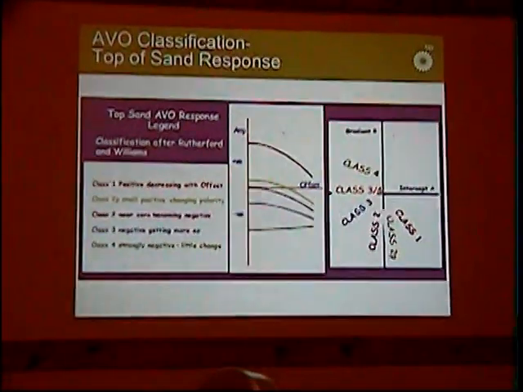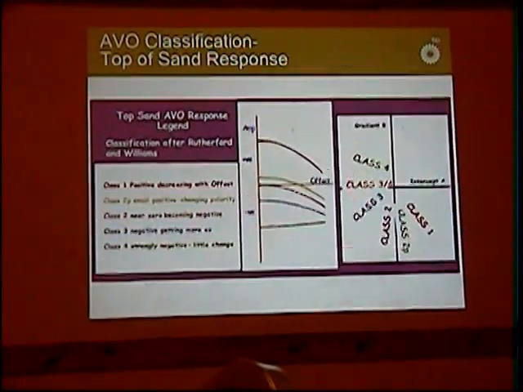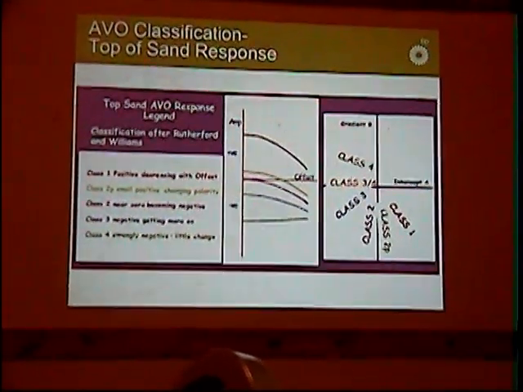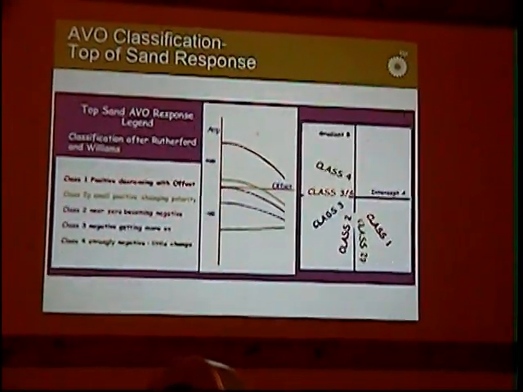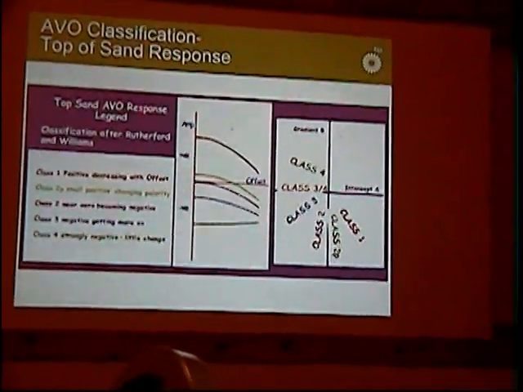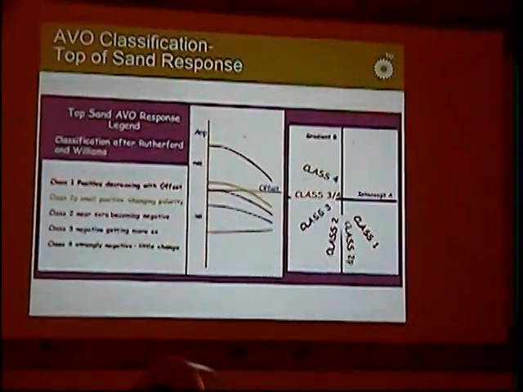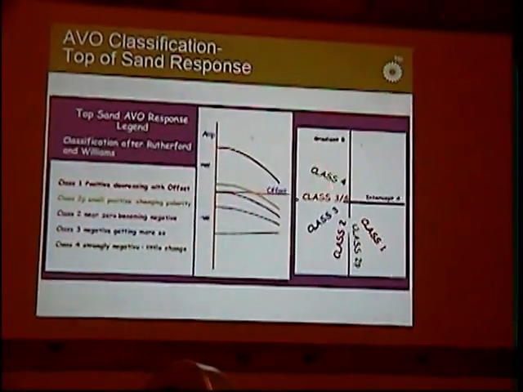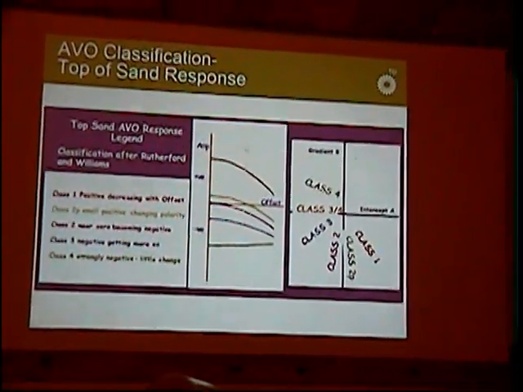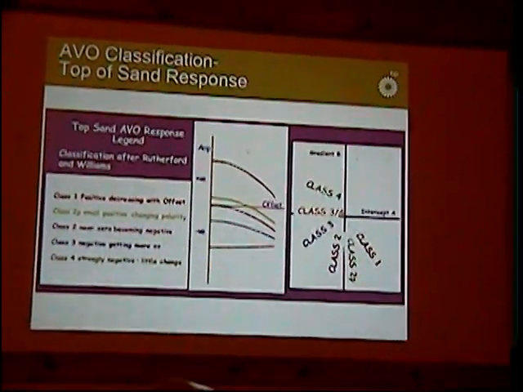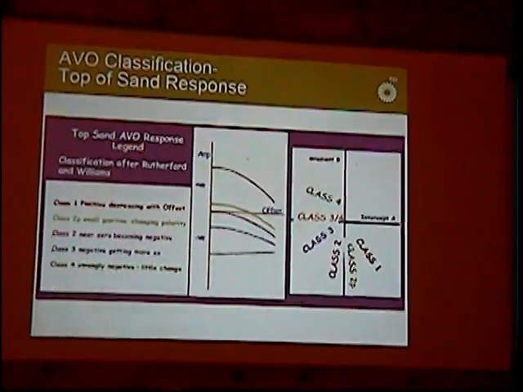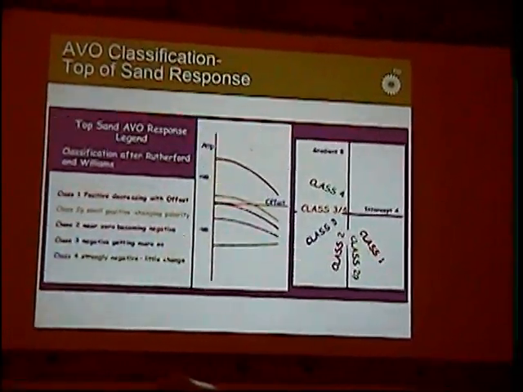Class 4, I may have a strong intercept, negative reflection coefficient, but I may not change very much, or I may actually increase with offset. So I may have a positive gradient, so that's what it showed me there. So a lot of times it helps to look at this information as cross plots, so you pull out a little more information.